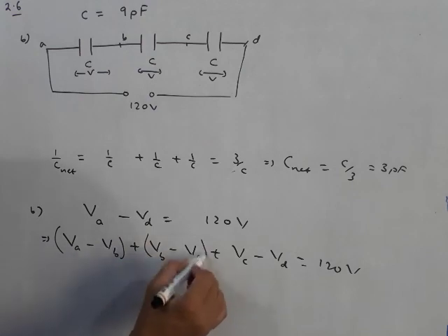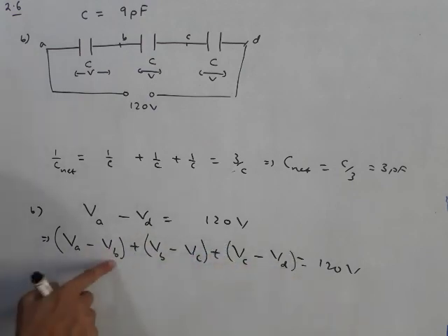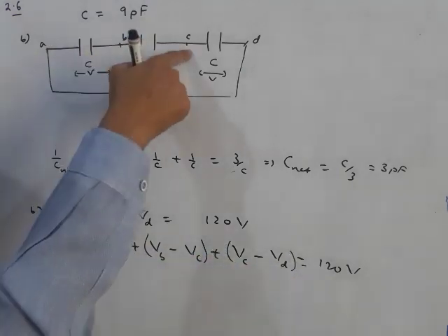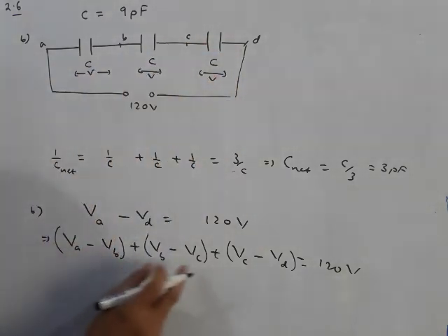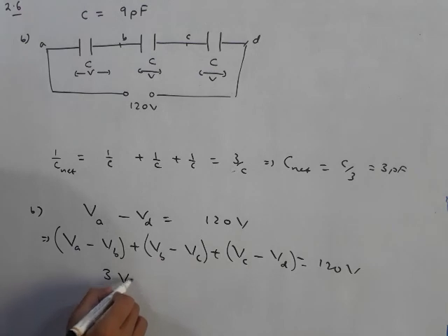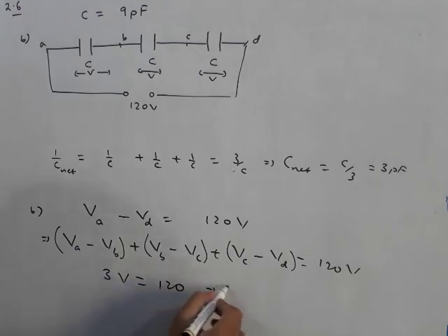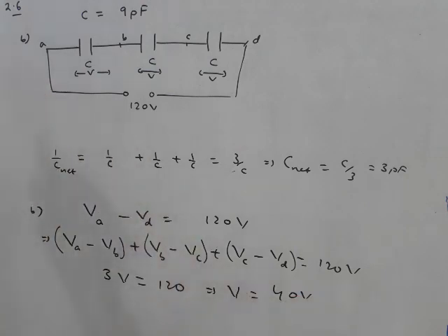We will segregate them like this. VA minus VB is V, VB minus VC is also V, VC minus VD is also V. So V and V becomes 3V, 3V is 120, so V is 120 by 3, that is 40 volts. So across each capacitor the potential difference will be 40 volts.